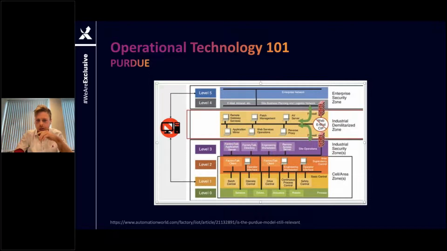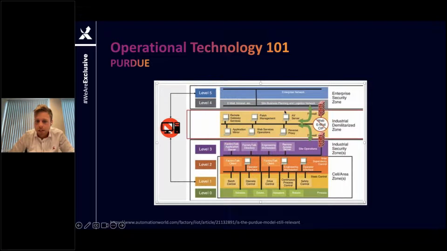And at level 3, we then have our global systems that instruct our operating systems to start building a car, for example. As you can see, there is a gap between level 3 and level 4, because we said level 4 IT.